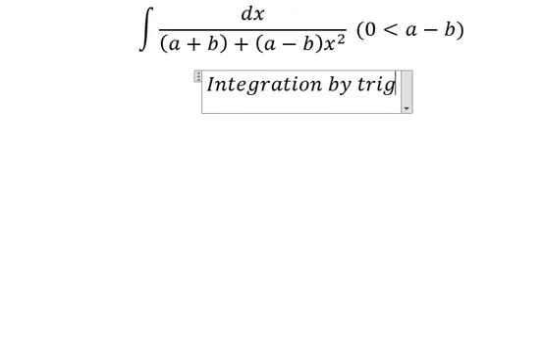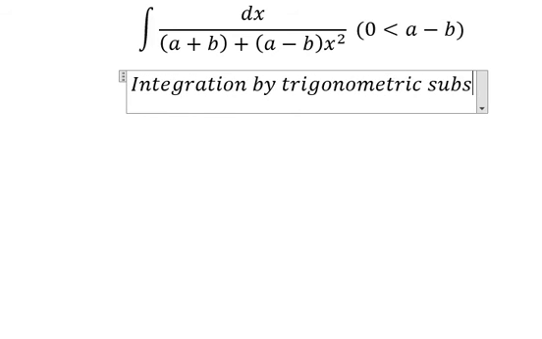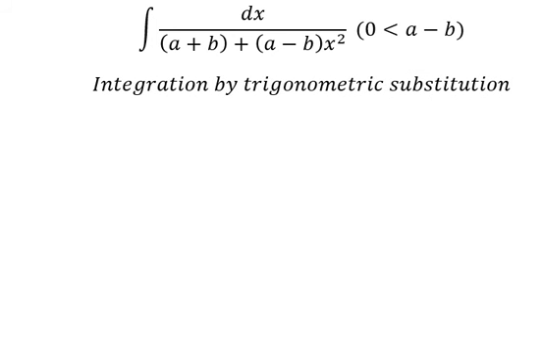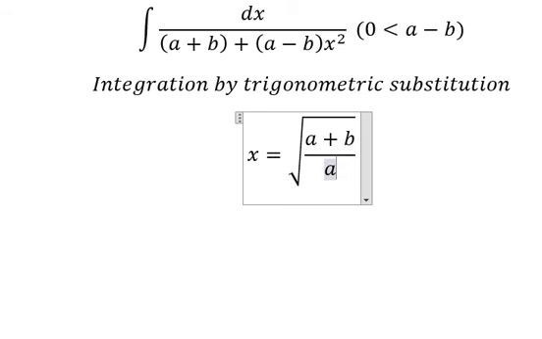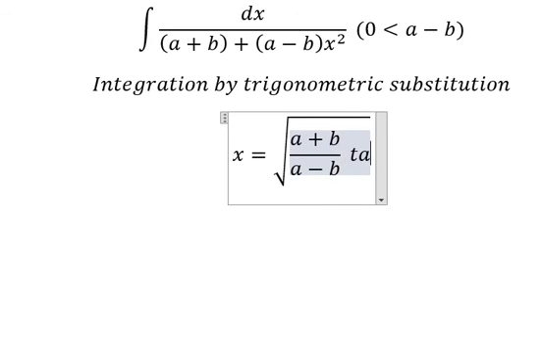by trigonometric substitution. So I will put s equals the square root of (a plus b) over (a minus b) times tan t.